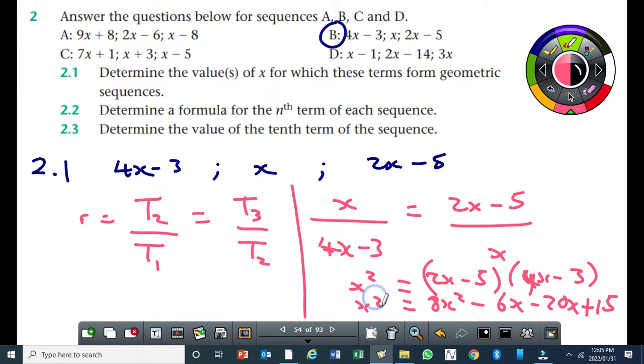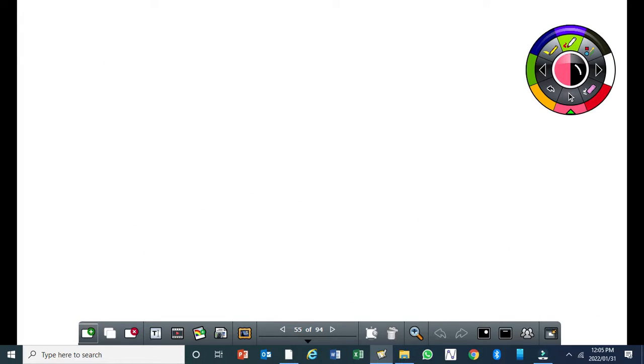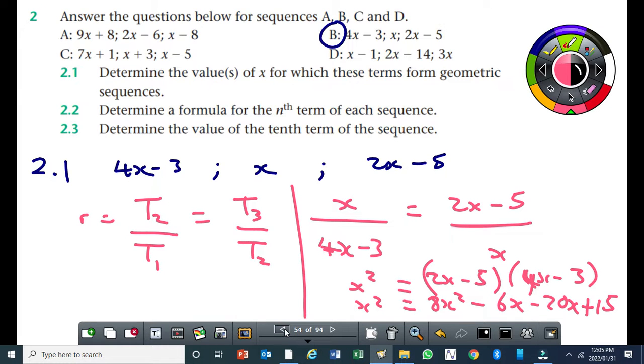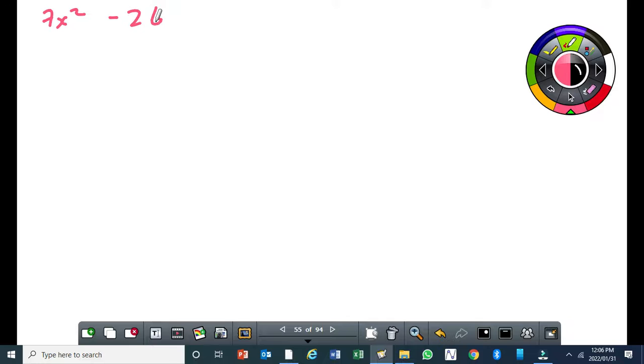This is equal to x squared. Then let's simplify that. If I take the x squared to the right, I'll get 7x squared. So you get 7x squared minus 26x plus 15. This is equal to 0.